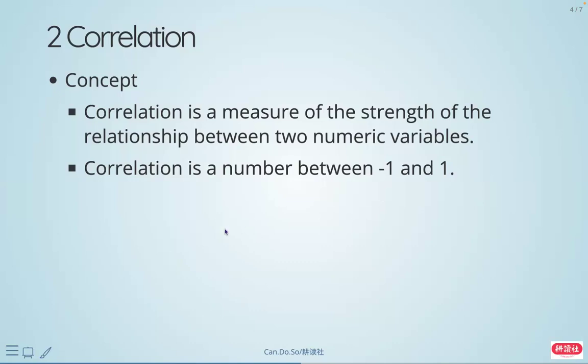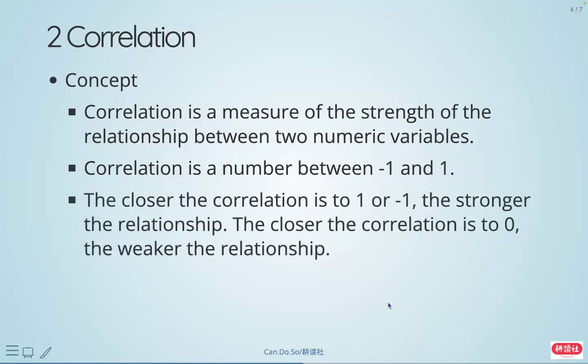Normally correlation is a number between -1 and 1. The closer the correlation is to 1 or -1, the stronger the relationship. And the closer the correlation is to 0, of course, the weaker the relationship. If it's close to 0, there's no correlation between the two variables.